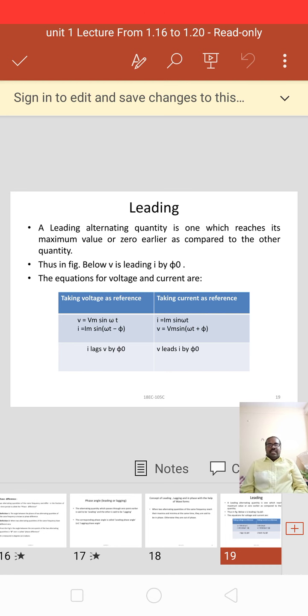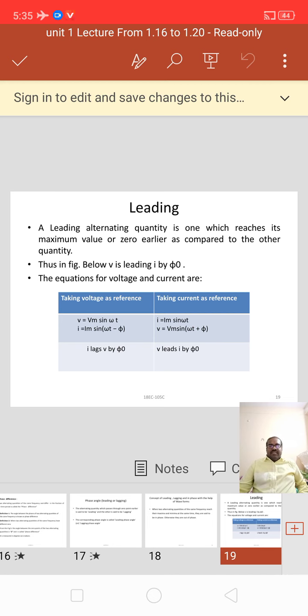In this we are taking alternating quantities, maybe the same quantities, maybe different quantities, having the same frequency or different frequencies, which give the leading angle.